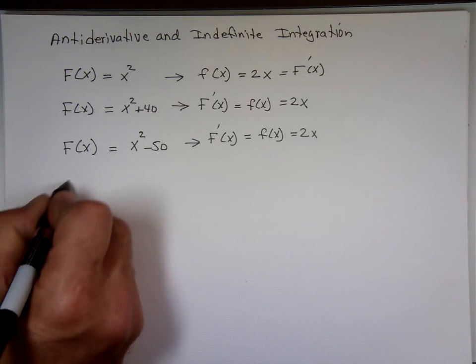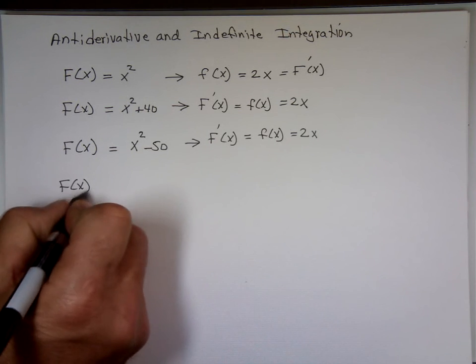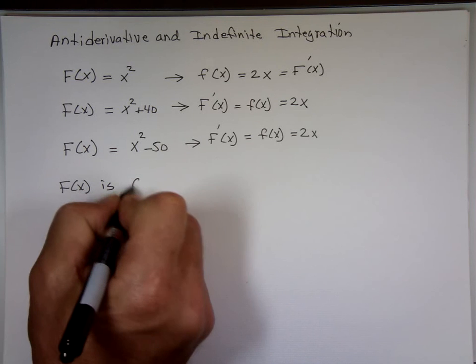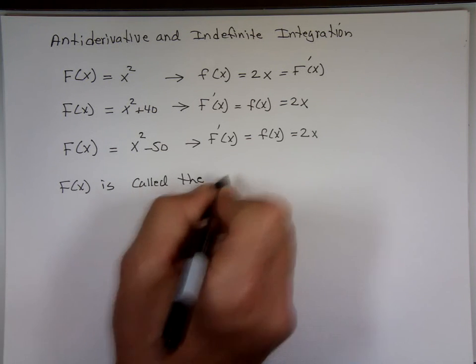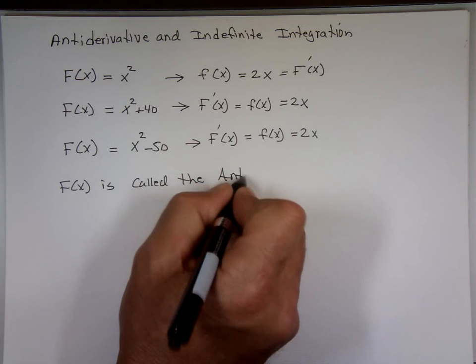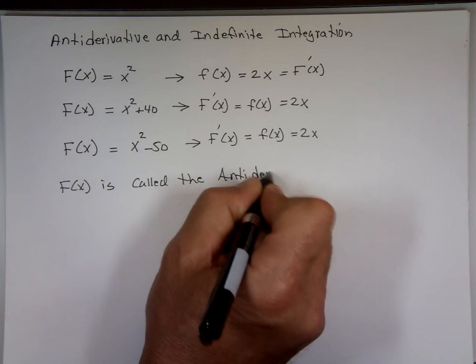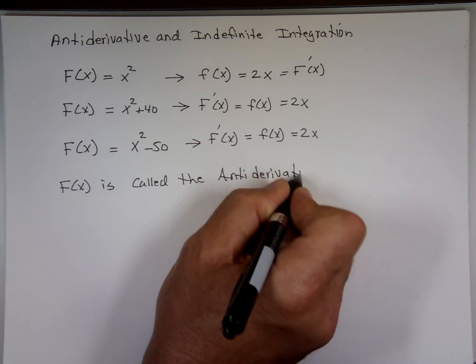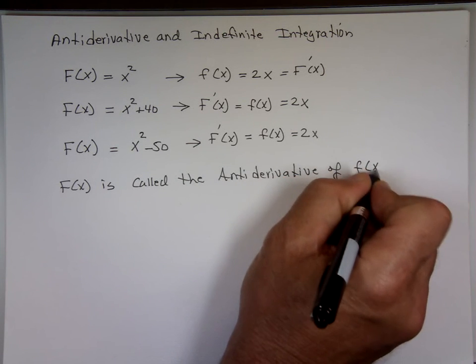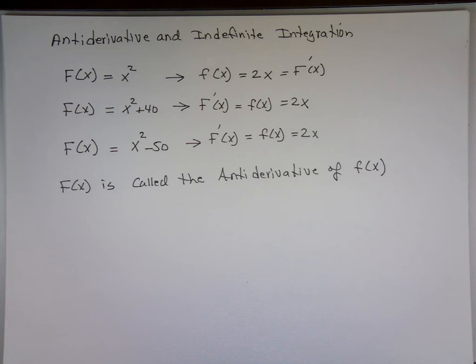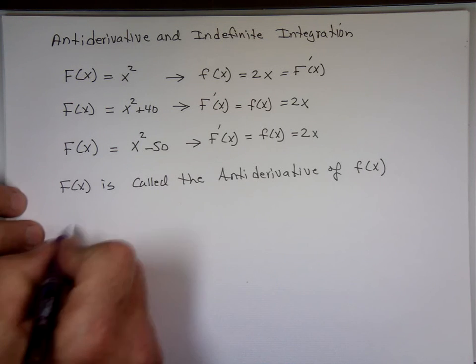So first, f of x, just for those people, is called the antiderivative of little f of x. So now if I ask you this question, let me write this.